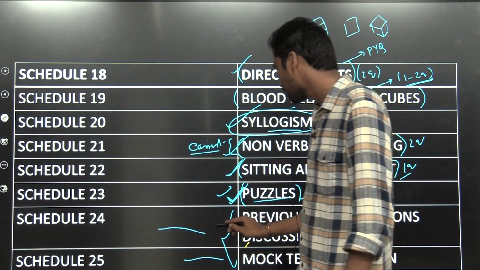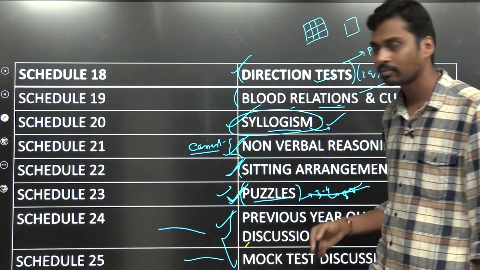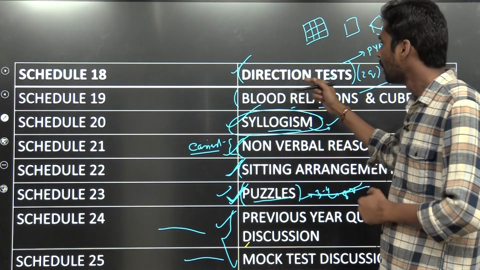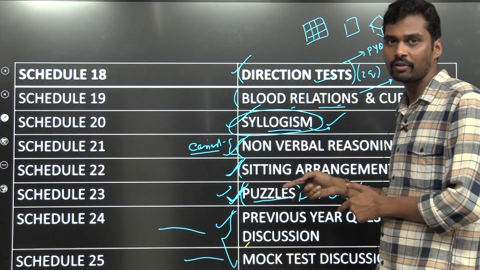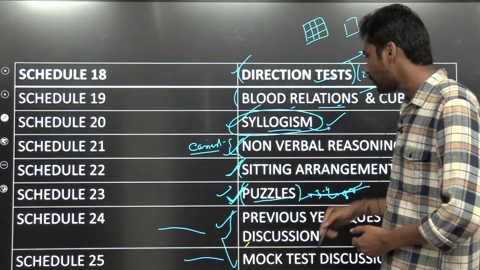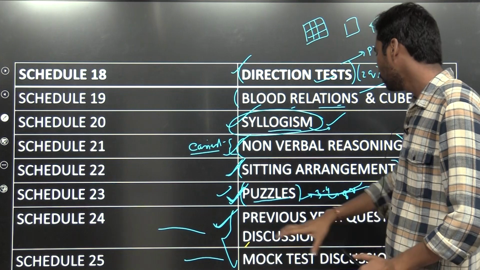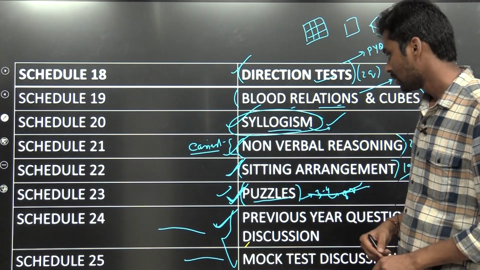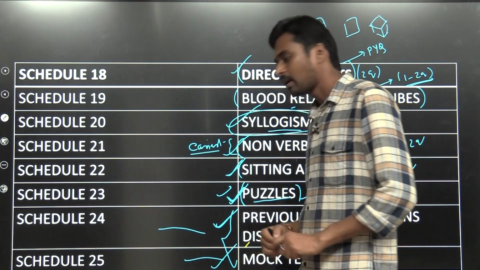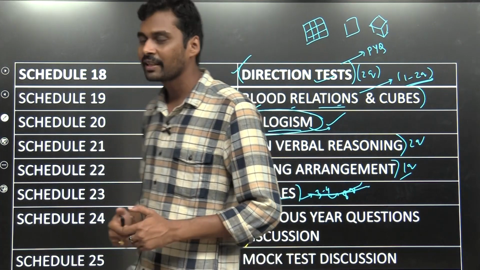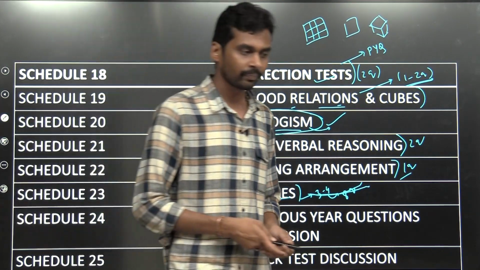So we will discuss all the previous year questions from 2011 to 24. Of course, when we are doing the concepts of every topic, we cover many questions there, and apart from that, we will exclusively do one complete day of previous year questions discussion, right?